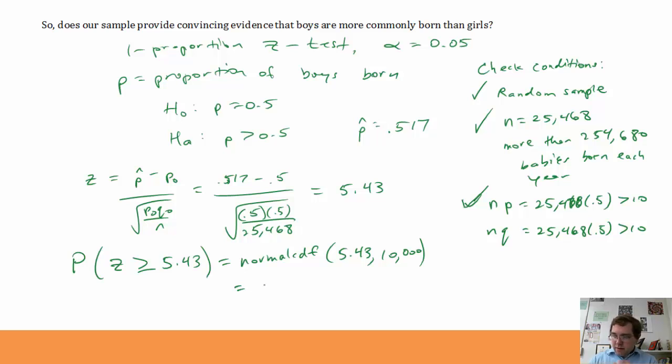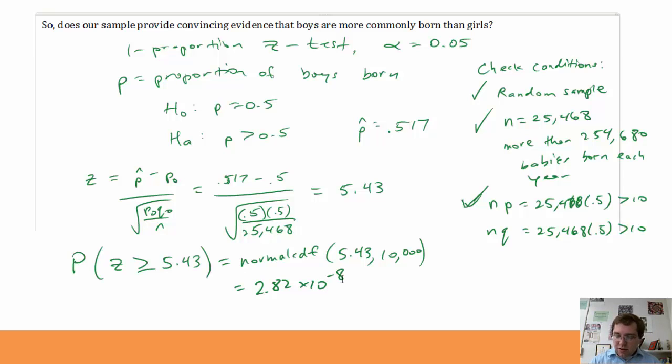We get, and we don't need to write any more work than that, because our work for the hypothesis test is really stating what Z is and stating what the p-value is. We get 2.82 times 10 to the negative 8th. So approximately 0. Very, very, very small probability. That's scientific notation with 7 zeros and then a 2.